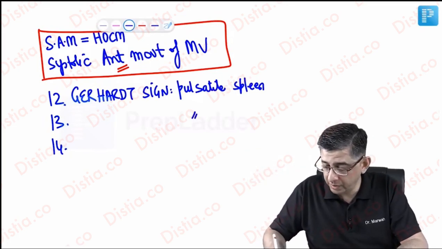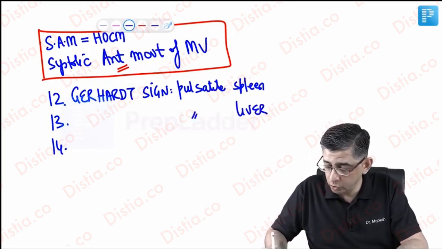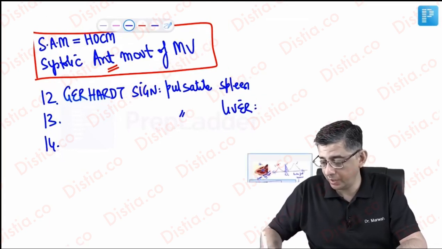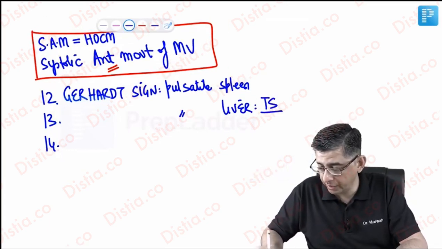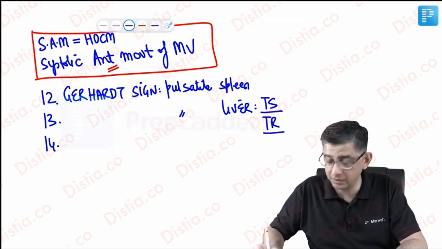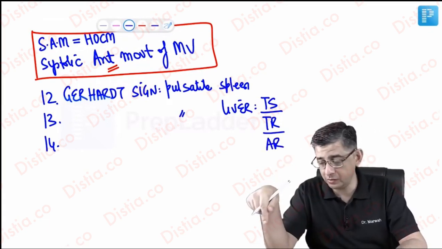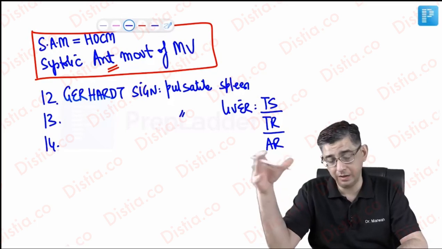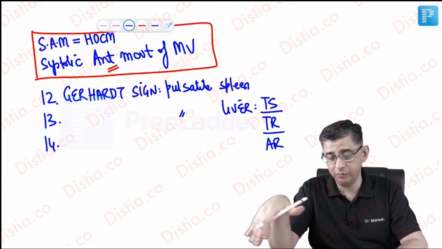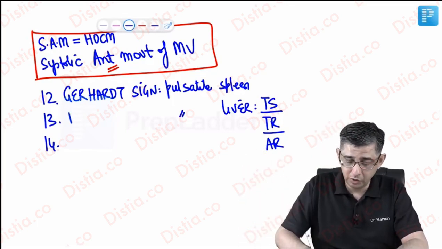As far as pulsatile liver is concerned, you will notice that in this app, I have spoken about pulsatile liver for tricuspid stenosis, tricuspid regurgitation, and the current topic, aortic regurgitation. The technical aspects of pulsatile liver in TS and TR are discussed in the respective segments, so I would like you to focus there. And this is what is called Rosenbach sign.